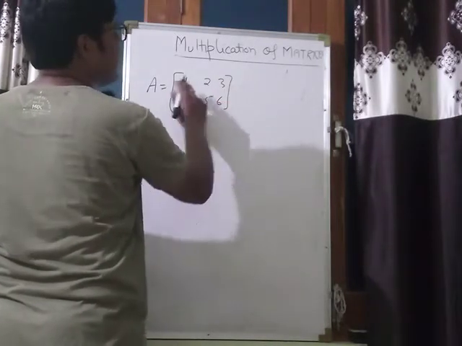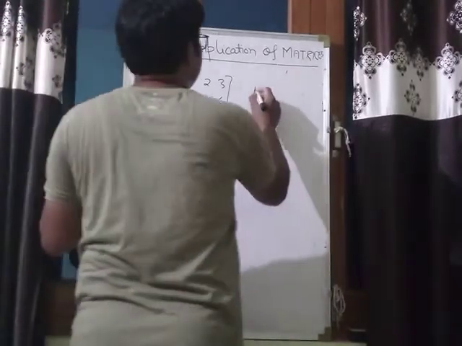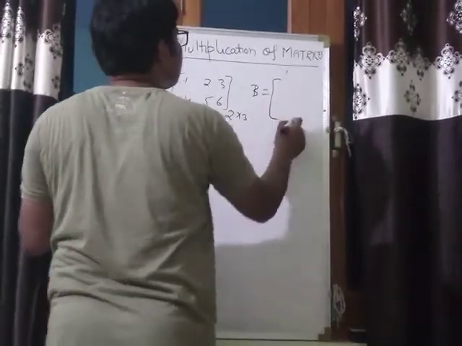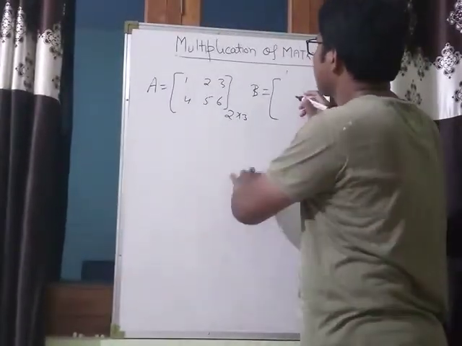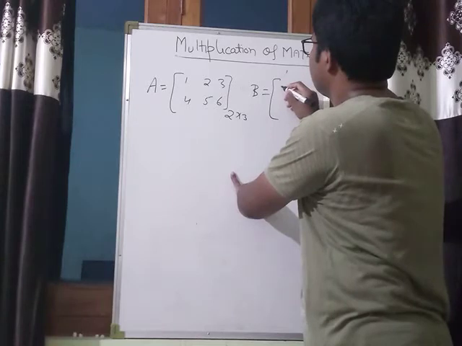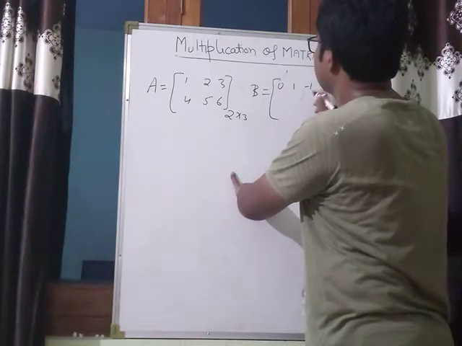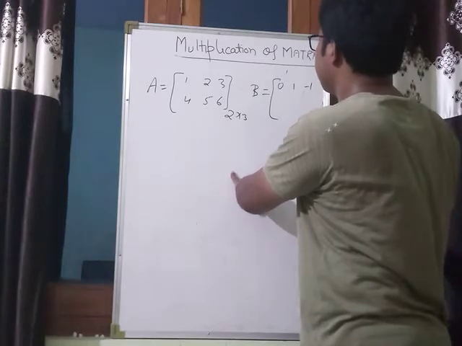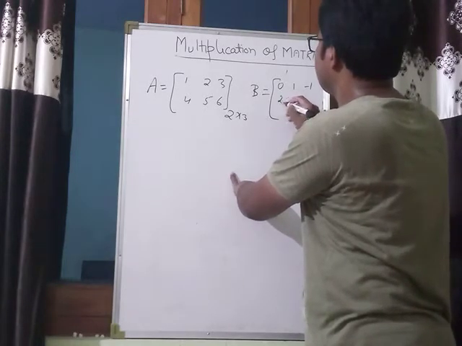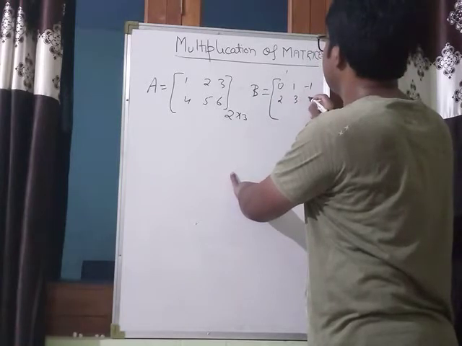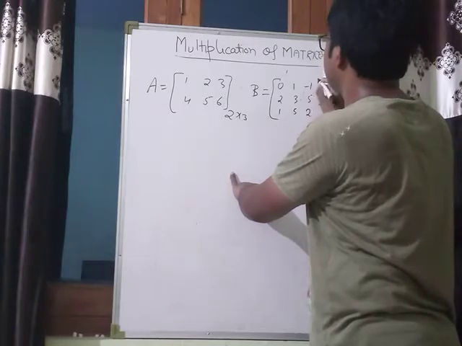Okay, this is a matrix of order 2 by 3. B should be 0 1 minus 1, 2 3 5, 1 5 2.